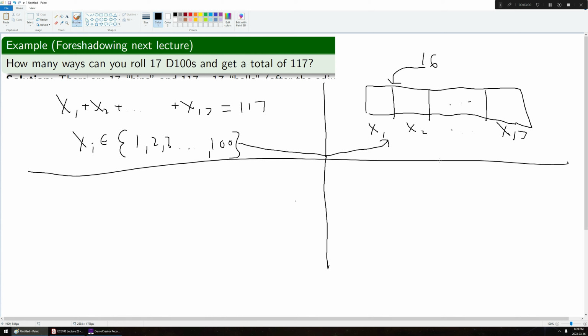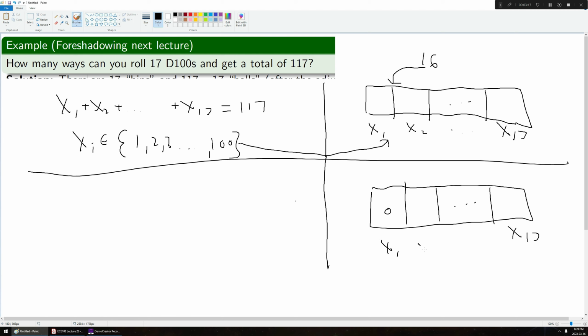Now I have to put at least one thing in each container, so why don't I just put one ball in each container to start with? Here's my x1, I put a ball in here, here's my x2, I put a ball in here, all the way up to here. Then the question is, how many balls are left?